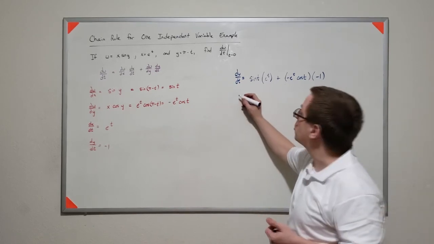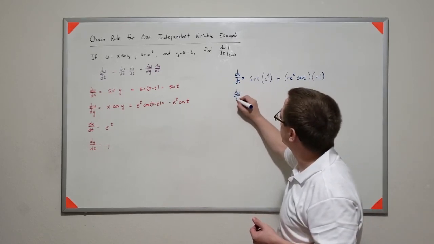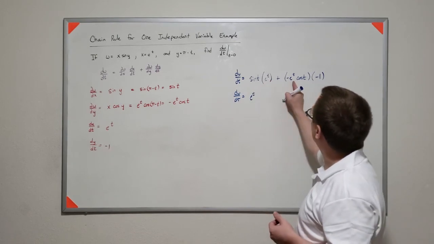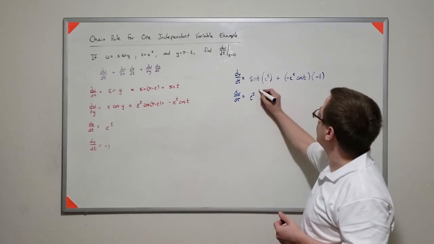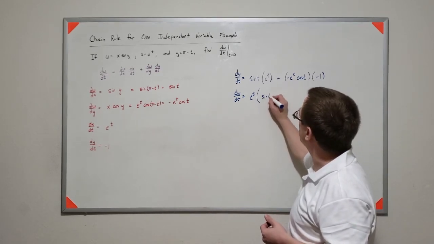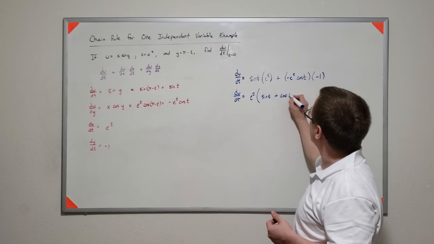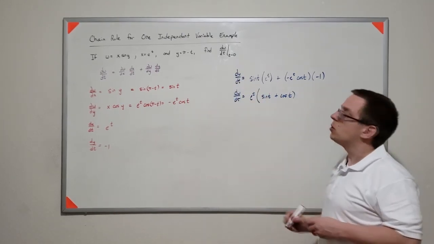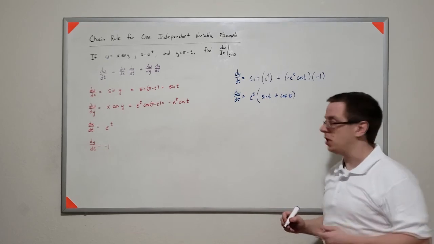Keep wanting to write the partial there, it's not a partial. So we have e to the t here, we have an e to the t here, and those negatives cancel, so this is e to the t times sine of t plus cosine of t. So that is dw dt, but we also want to find it at t equals 0.